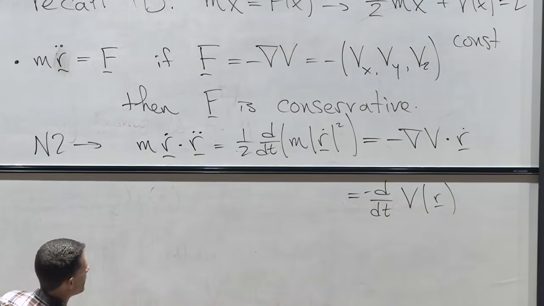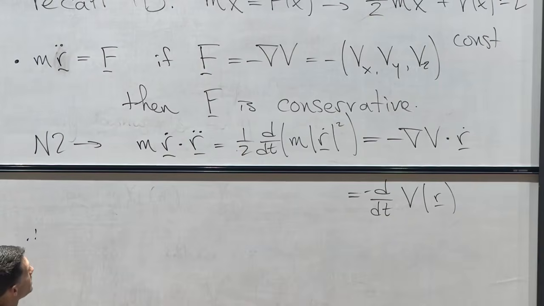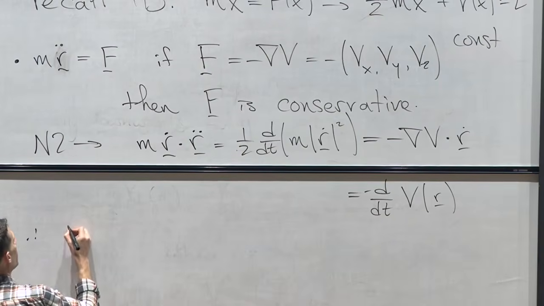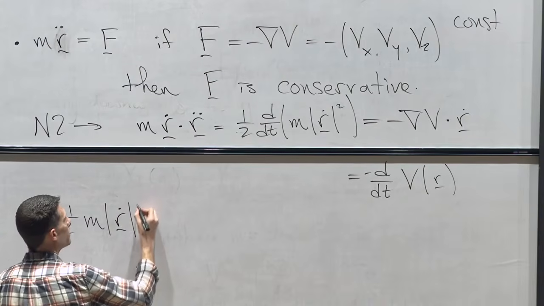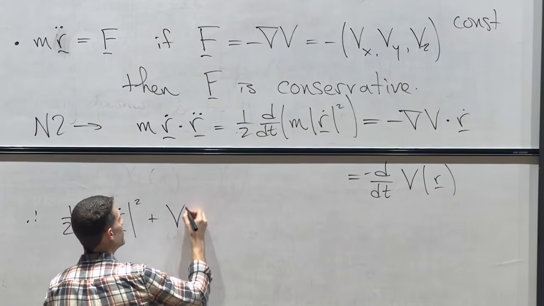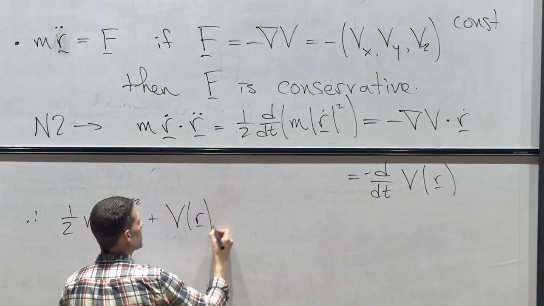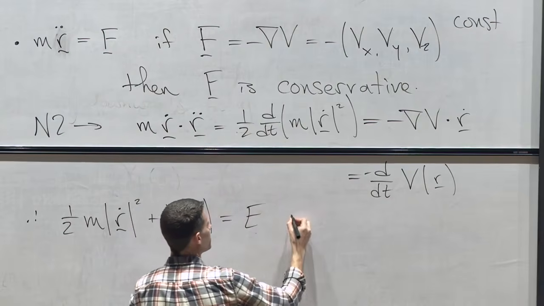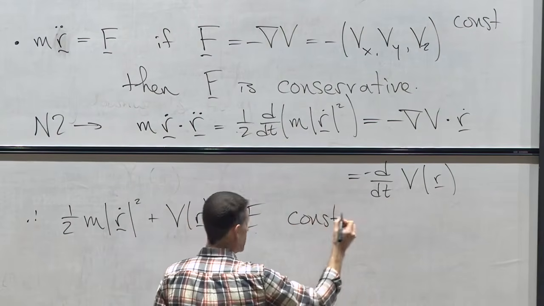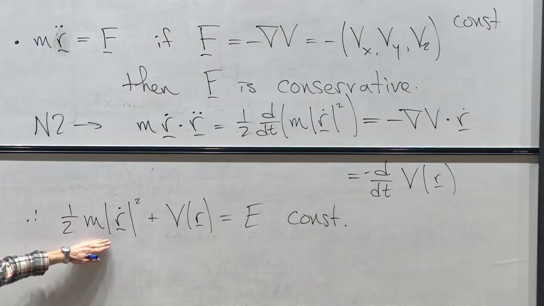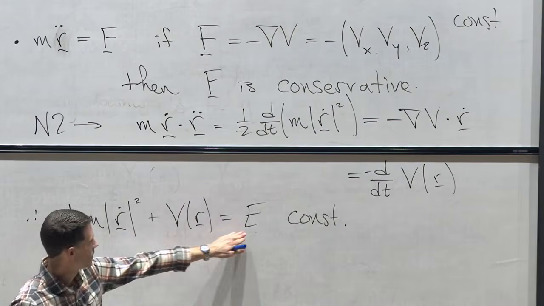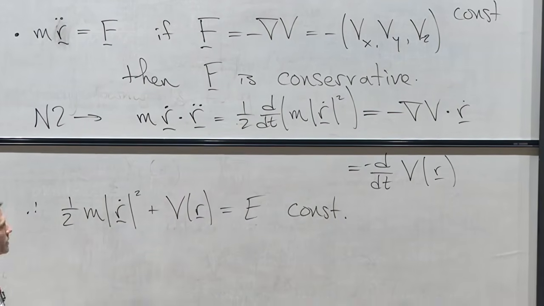So therefore, my conservation of energy is that 1/2 m magnitude of r dot squared plus V of r is constant, which again has the exact same form. Kinetic energy plus potential energy is constant. Total energy.